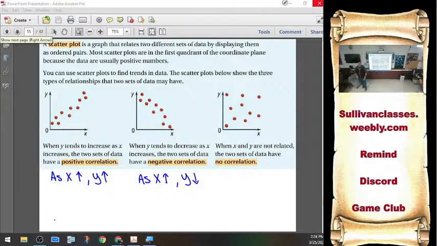Give me a real world example. As this increases, so does that. As your gallons increase, as I fill my tank more full, the more gas I purchase, the more money I spend. Could I switch that around to be a negative correlation? As this goes up, that goes down.